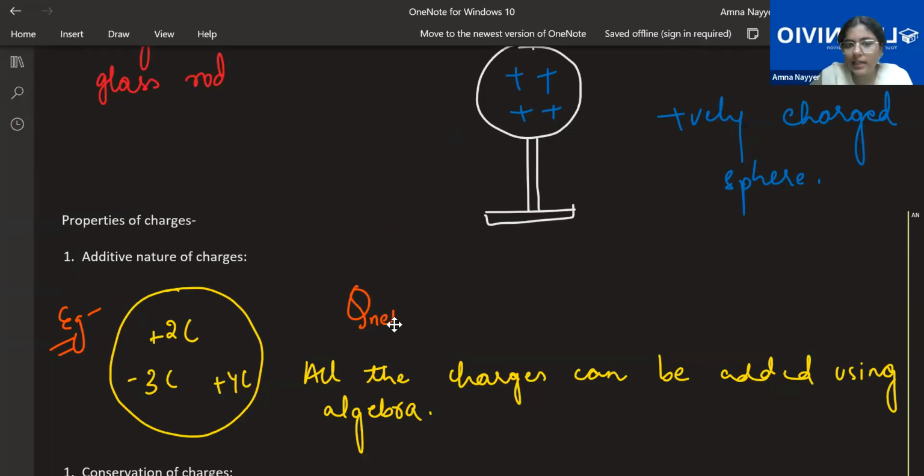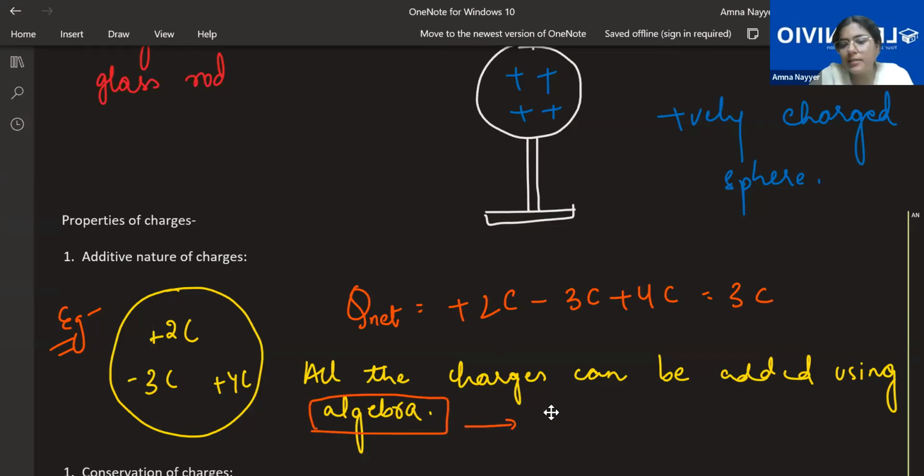If I want to calculate the net charge, I can simply say plus 2 coulomb minus 3 coulomb plus 4 coulomb, that is equal to 3 coulomb. So I didn't need any vector law or anything else. You can simply add using your usual algebra. Reason behind is that charges are scalar. Scalar means you can use algebraic addition.